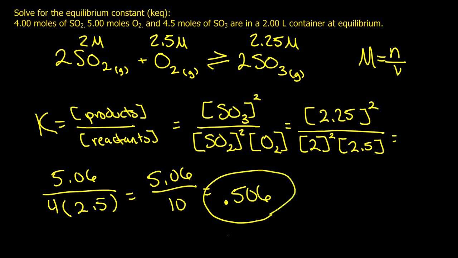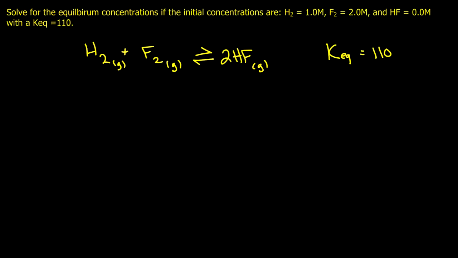There is our answer. K does not have units, so it's just a value. And since K is less than 1, that means this reaction is going to favor reactants, which will come into play later on.